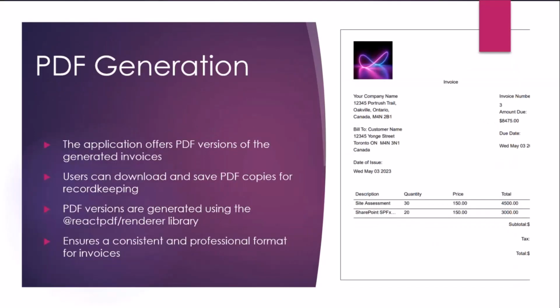This is how it looks once we download the PDF version. I have created a component specifically for this, and used the React PDF package, which helped me to get this PDF version.